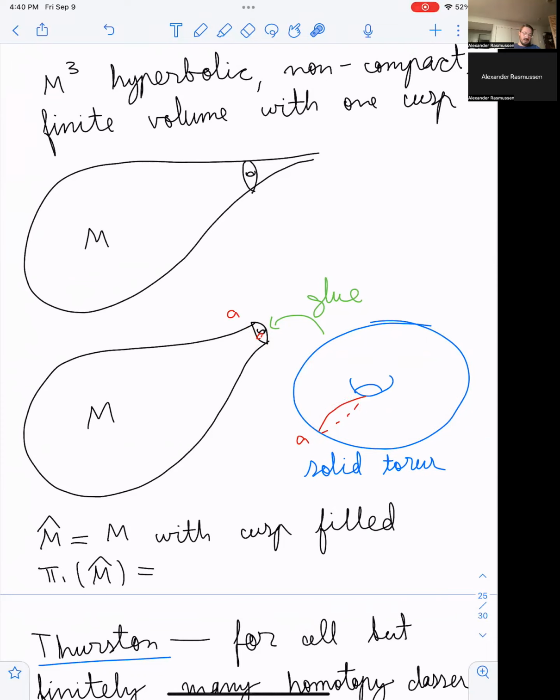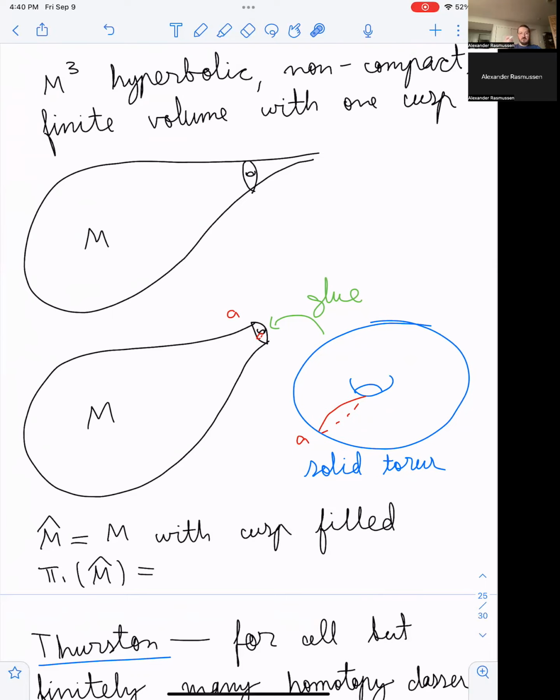So you have to decide where this curve is going to go, and that's going to cause some curve on this boundary torus to start bounding a disk when you fill in with this solid torus. So you look at this manifold M hat, which is M with this cusp filled by gluing on the solid torus.